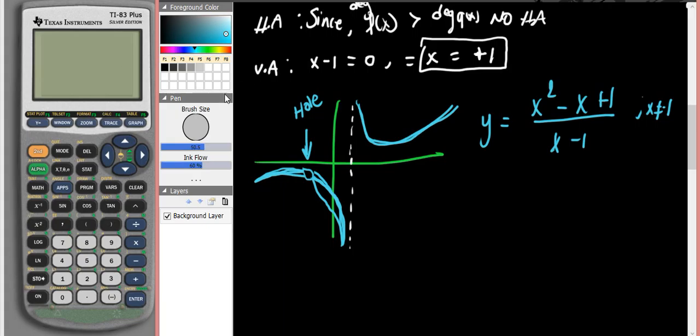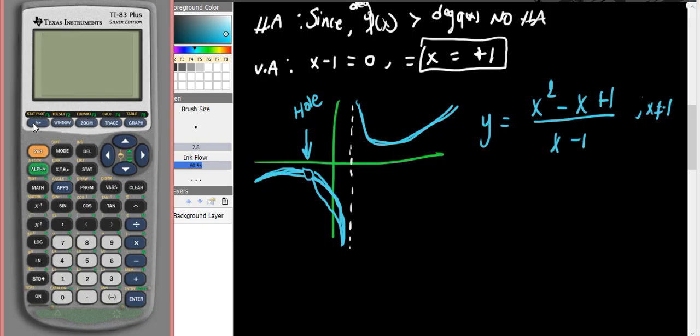So let's go ahead and put it in this graphing calculator here just so we can see exactly what we're looking at. So turn this on here and we would type in, let's clear that. What is this equation? We would type in, let's see, x squared minus x plus 1.